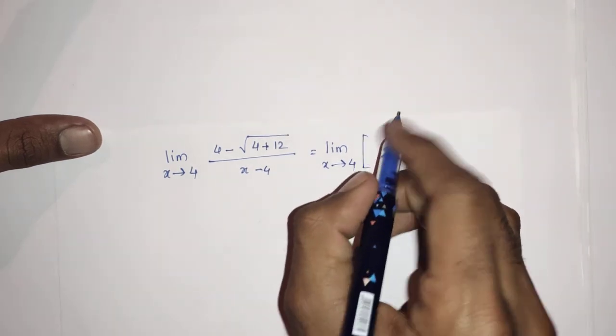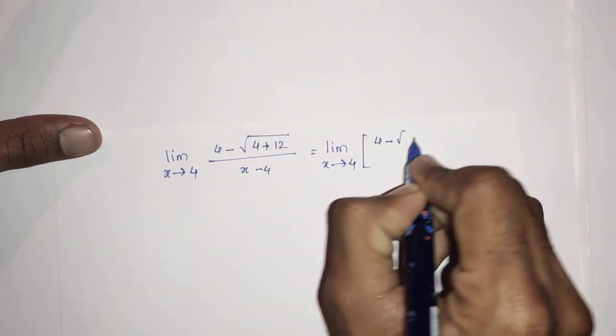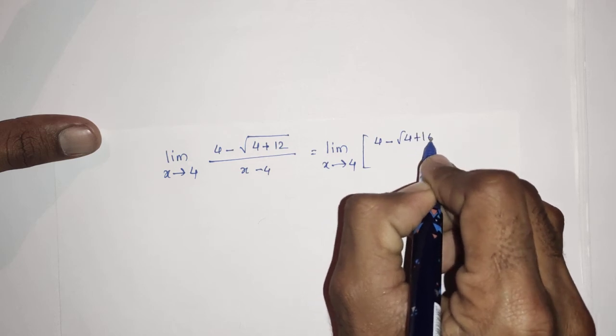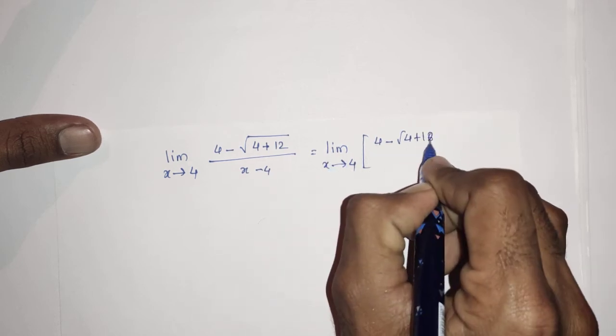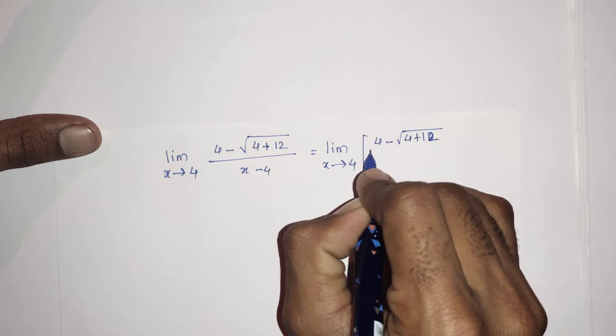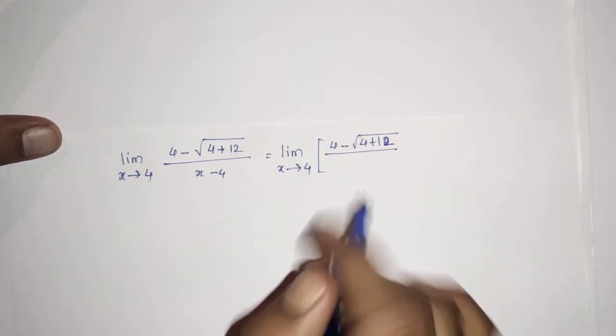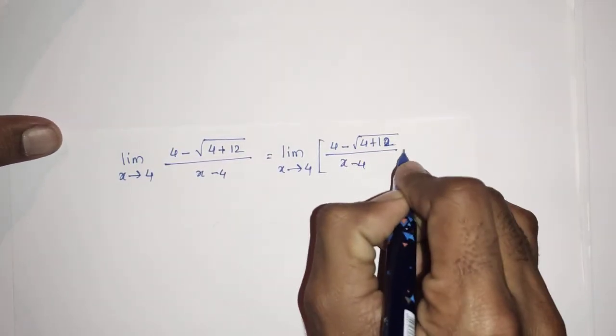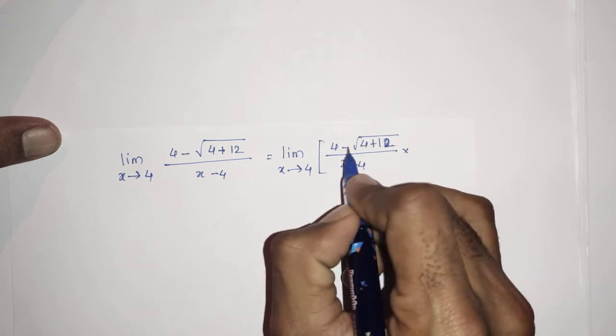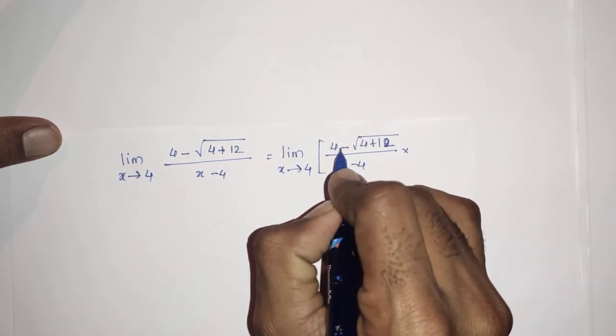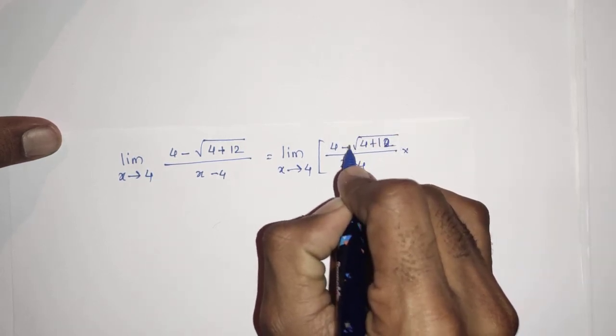The rationalization means here 4 minus square root of x plus 12 divided by x minus 4 into, rationalization by numerator means instead of minus we will take plus.